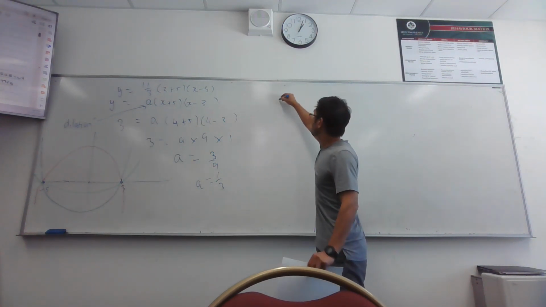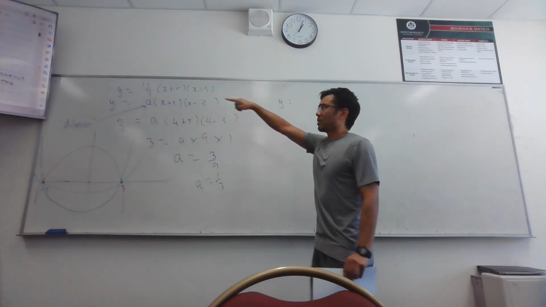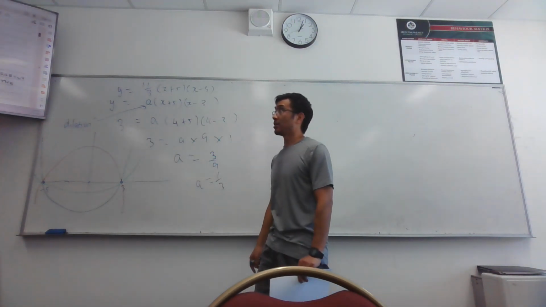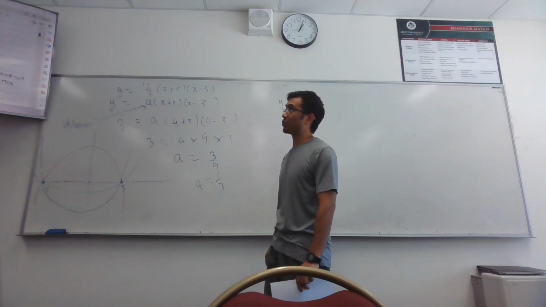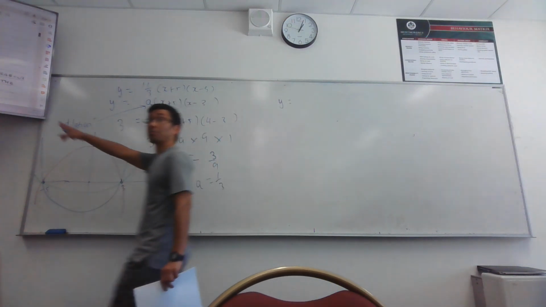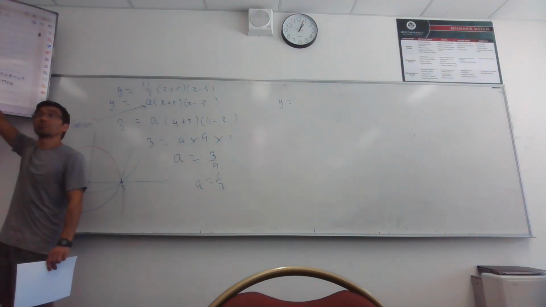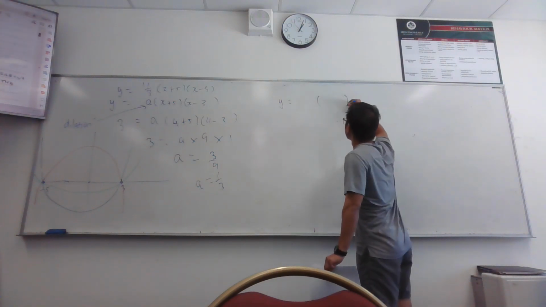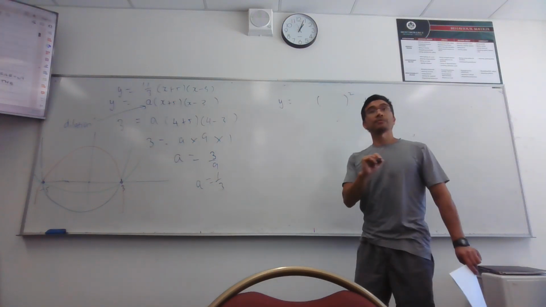Okay, this one here. The coordinates of the turning point of a parabola are (1, 3), and the parabola passes through the point (2, 1). Find the rule for this parabola. So we're approaching this equation in turning point form. We know that turning point form looks like that.